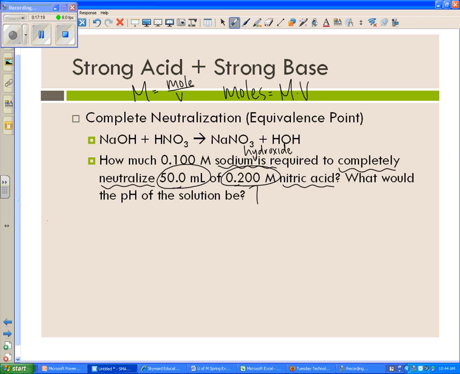So if I want to find how many moles of acid I have, I'm going to need to multiply the molarity times the volume. The volume's got to be in liters. So 0.200 molar times 0.0500 liters will give me moles of nitric acid.